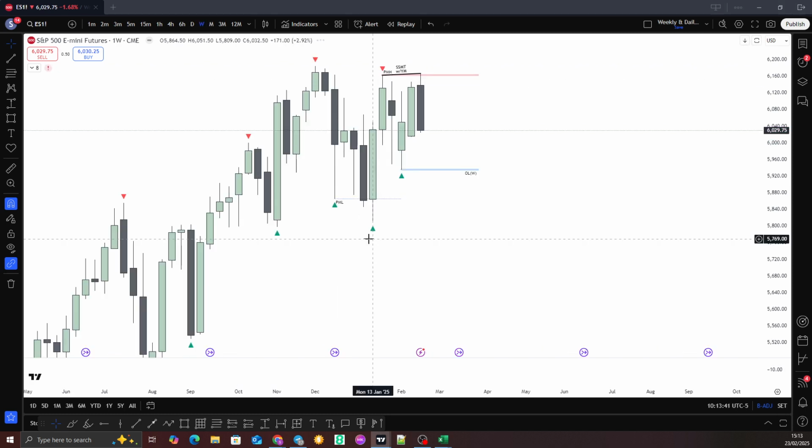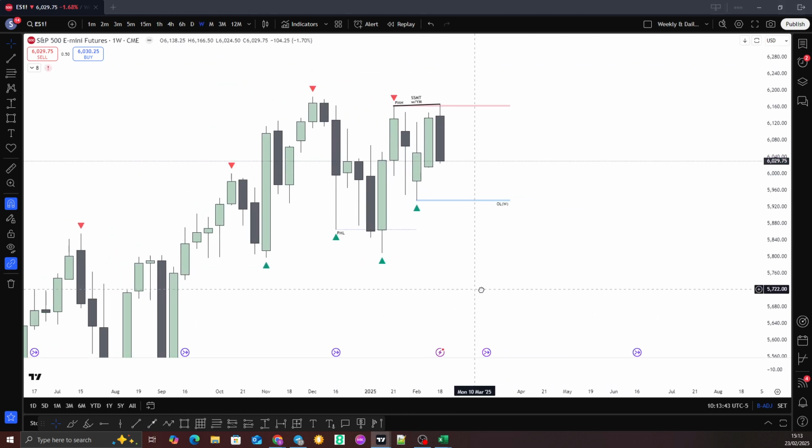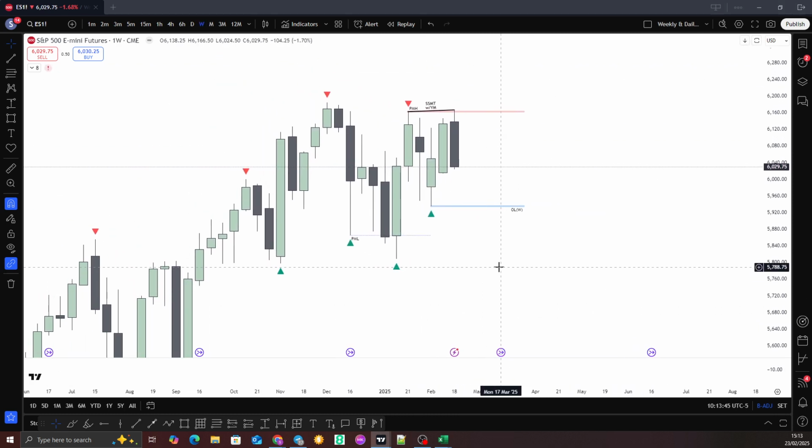So if we begin on the weekly time frame, first bit of lipstick on the charts. So as I mentioned, following last week's price action, so this week here, where I noted this large bullish expansion candle, right?